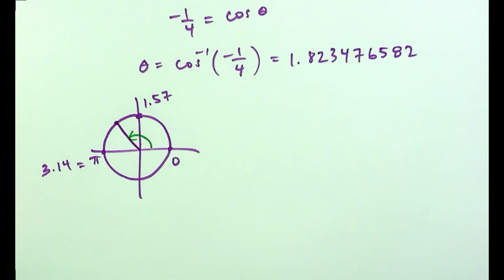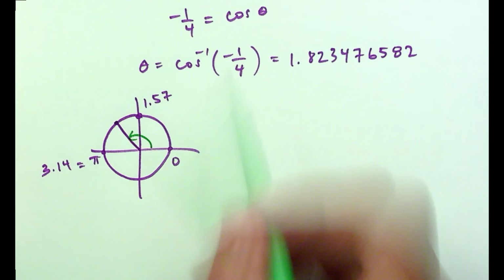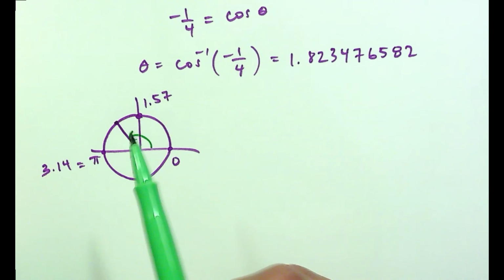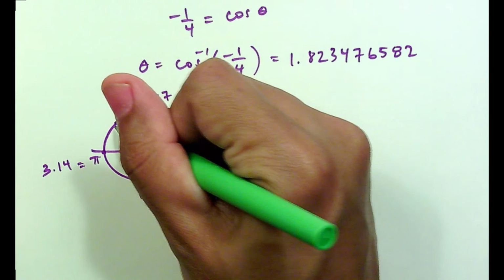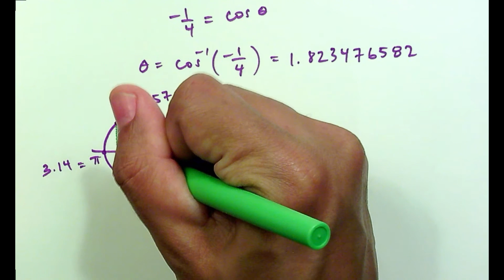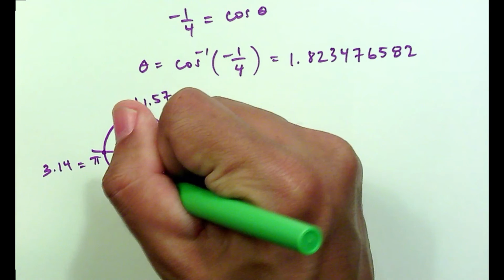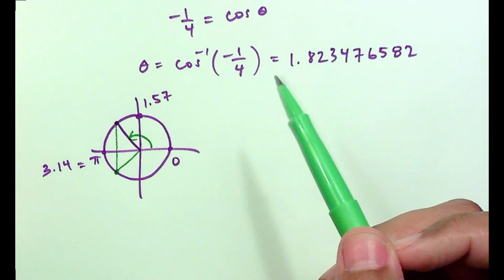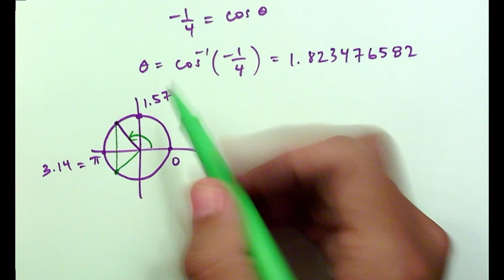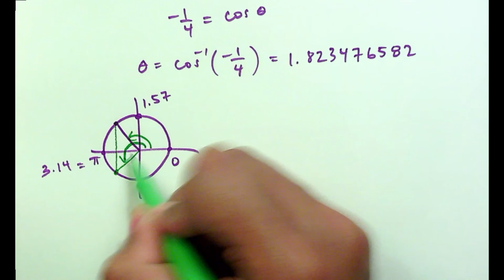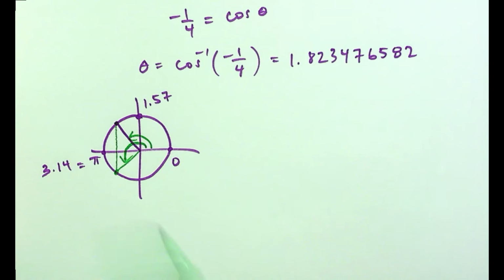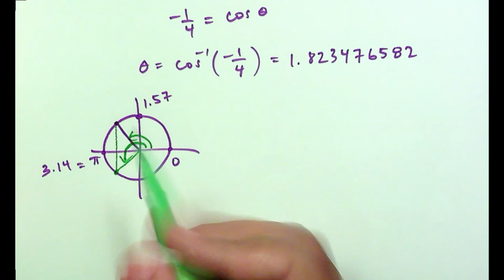The second solution, because we're dealing with cosine, cosine is the x-coordinate. So another point on the unit circle with the same x-coordinate will be right here. So we're looking for this angle. And what is that angle?